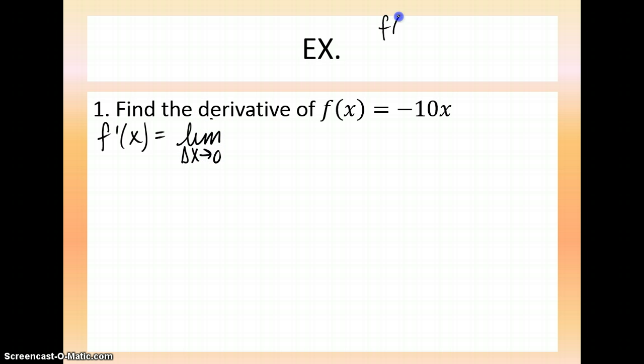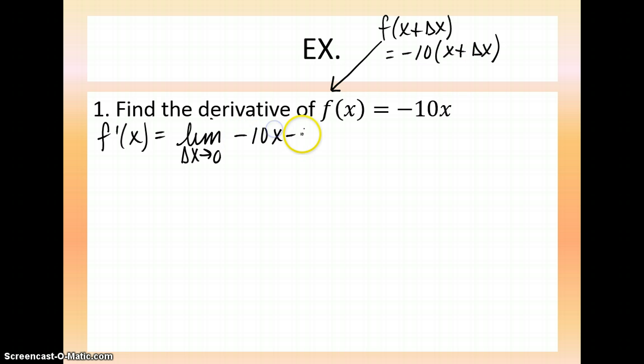Remember, your side work, what you'll have the biggest issue with is this relationship. So in my function f, wherever I see an x, I'm going to replace it with x plus delta x. So f of x plus delta x. Then you have to subtract the original function. The original function is the line, negative 10x.